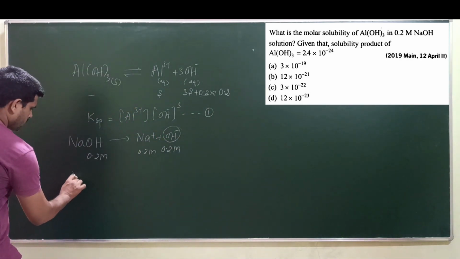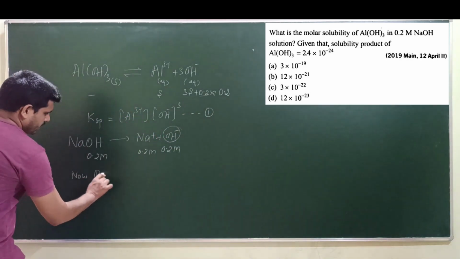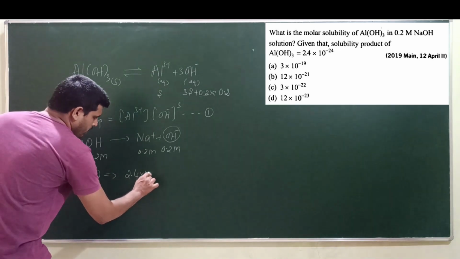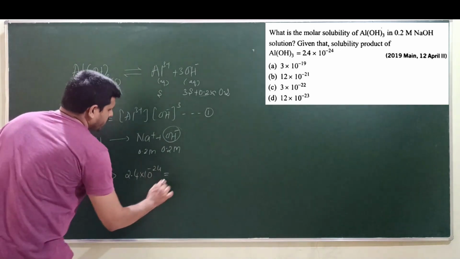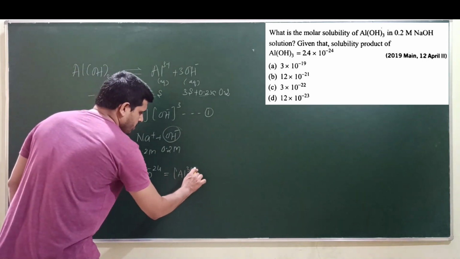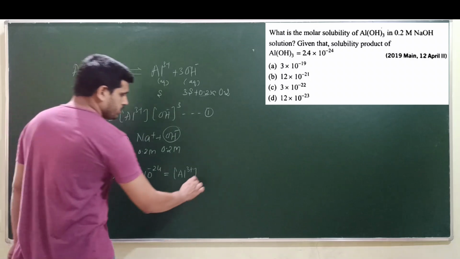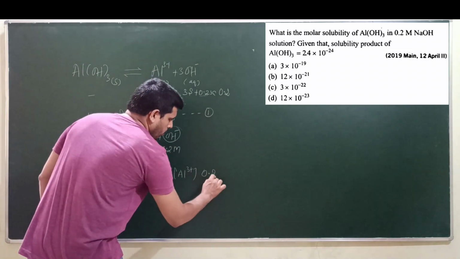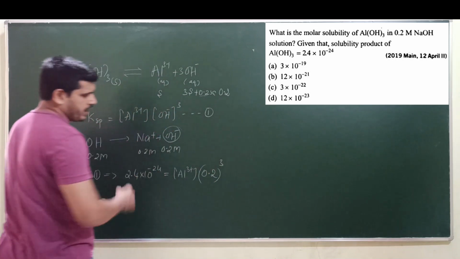Therefore, equation 1 implies that KSP is 2.4 into 10 to the power of minus 24, which should be equal to the aluminum ion concentration, which must be calculated now, into the hydroxide concentration 0.2 to the power 3.